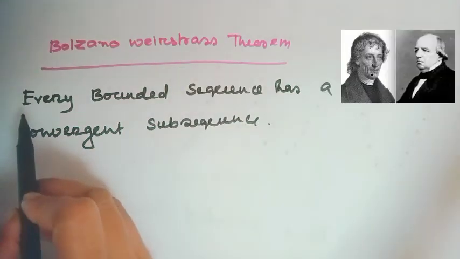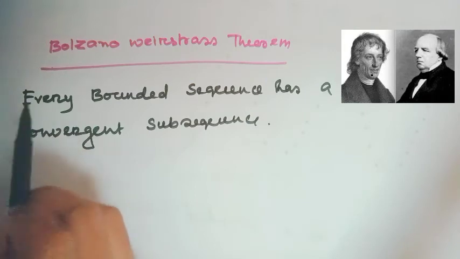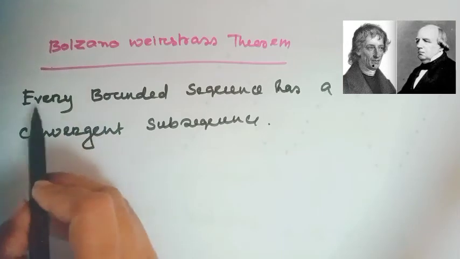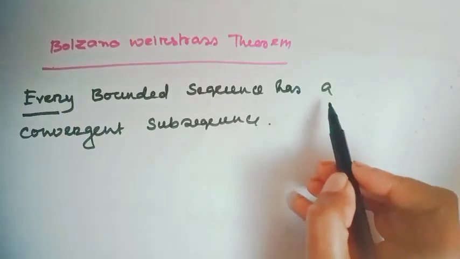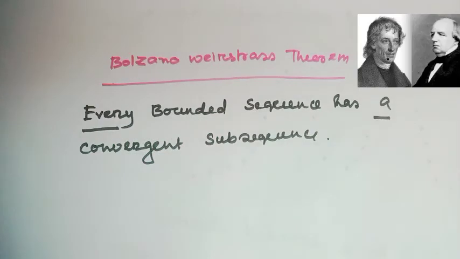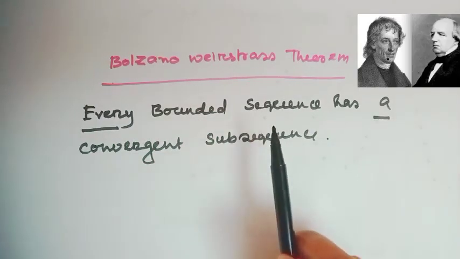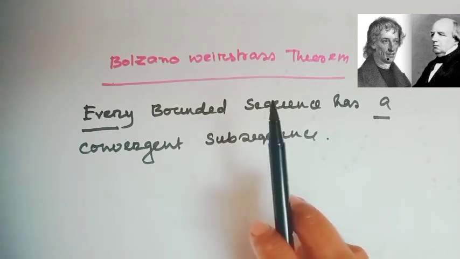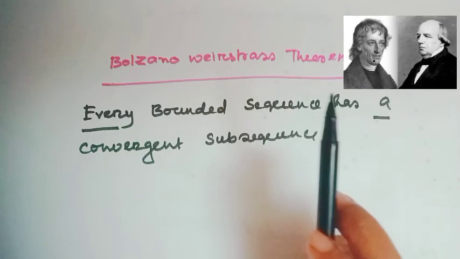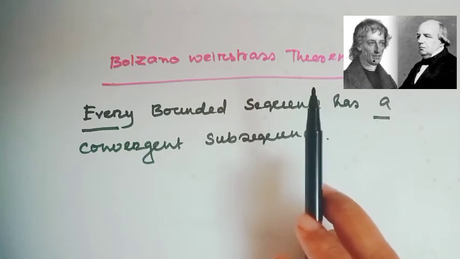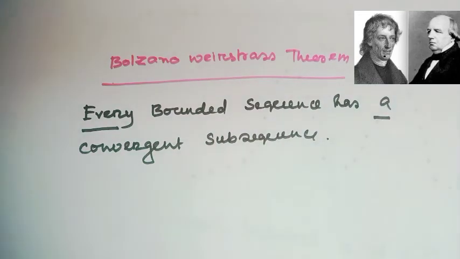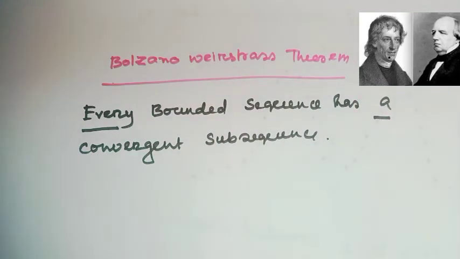At first, focus on the statement of the theorem. Here, 'every' and 'a'. That means in a bounded sequence, there exists at least one subsequence which is convergent. Okay? It does not say every subsequence will converge. Are you getting my point?